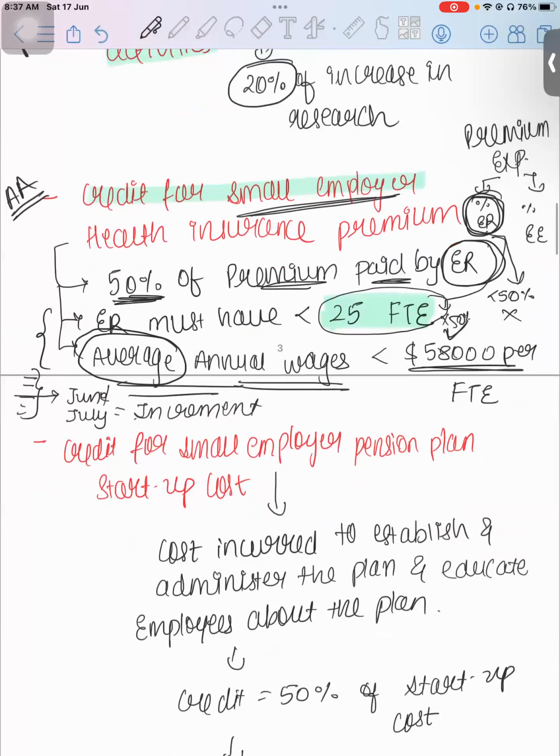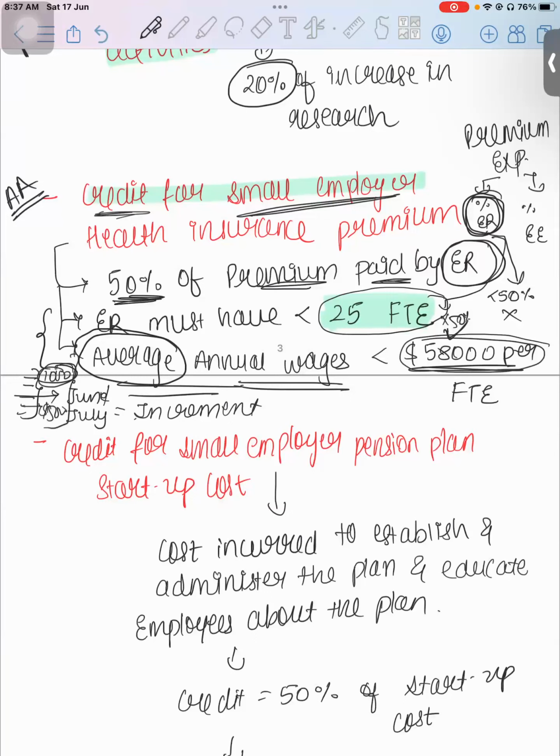So you can't say that in the first month his salary was 1,000 and in the 8th month his salary is 5,000, so I'll just take 1,000 and multiply it by 12. No, you have to take the total of all the 12 months and it should be up to 58,000 only, not more than that. If it's more than that, then that particular employee is not called FTE, and he will not fall under the eligibility of credit.